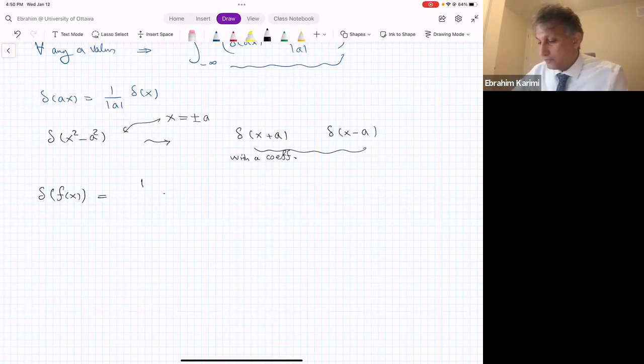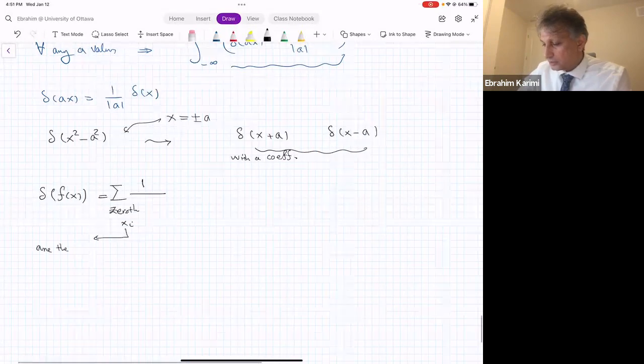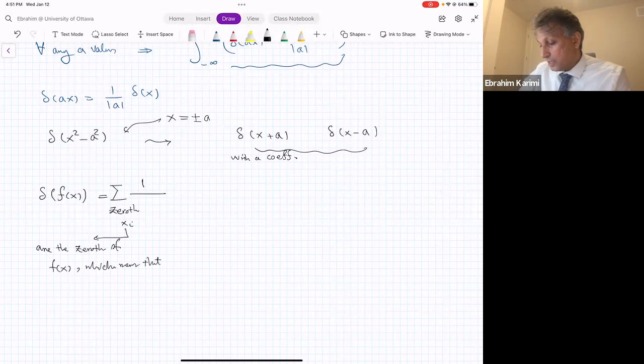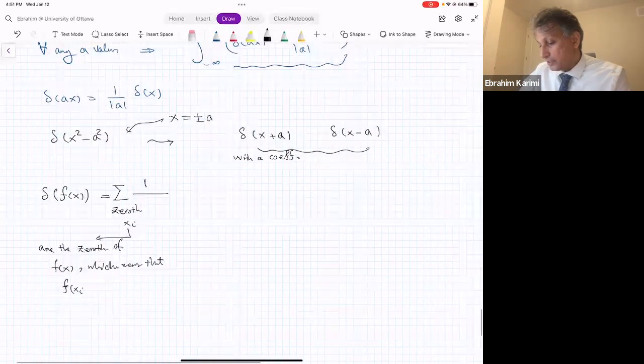It will be 1 divided by, or I can write it as a summation over zeros, all of the zeros that you get. So I will call them xi. Xi are the zeros of the function of x, which means that f of xi is equal to 0.